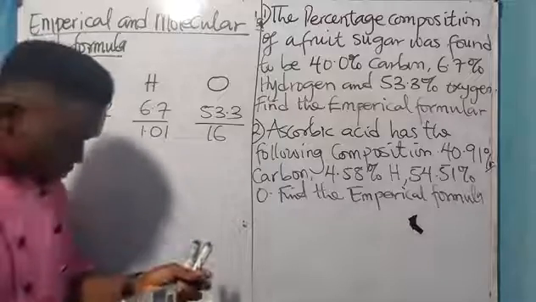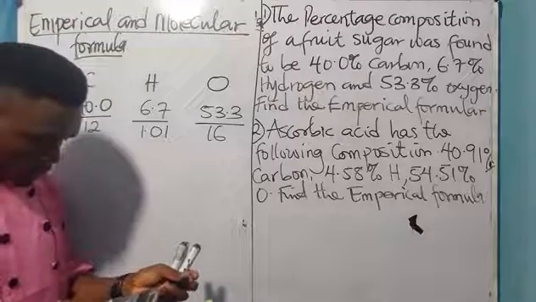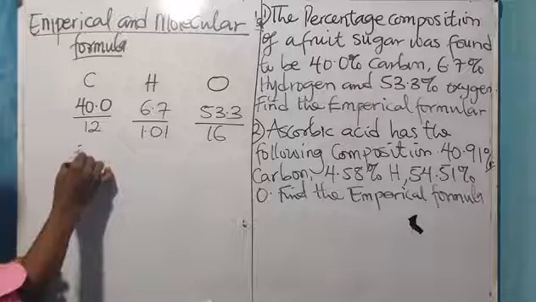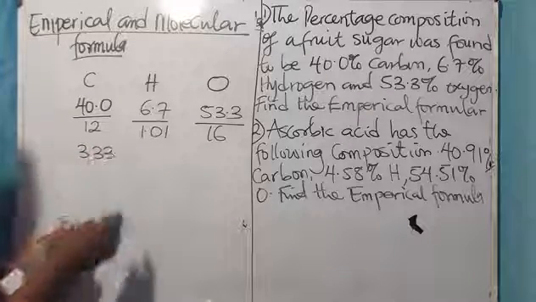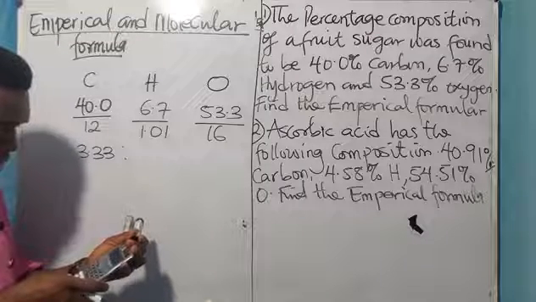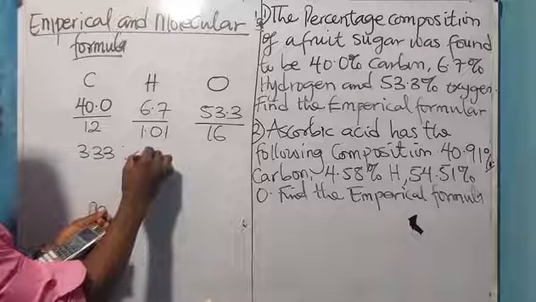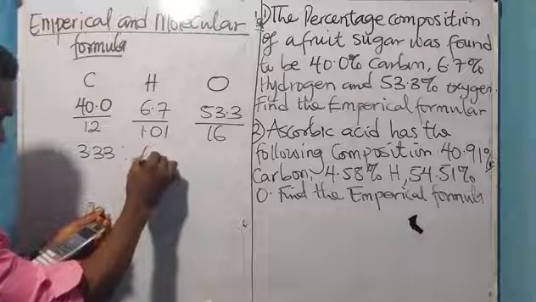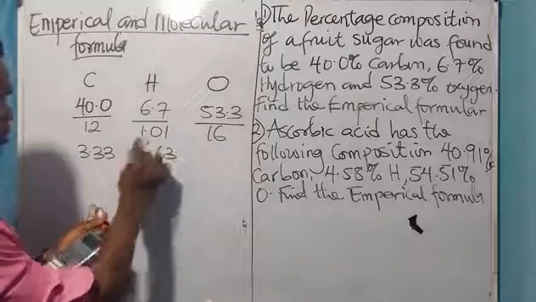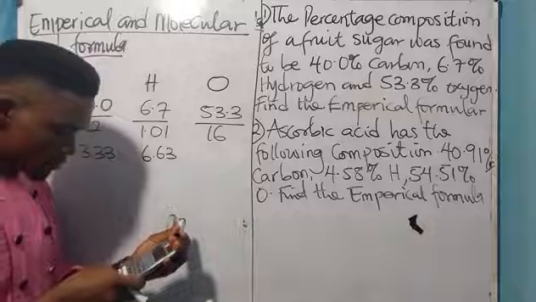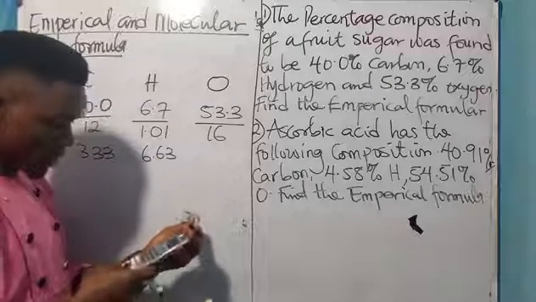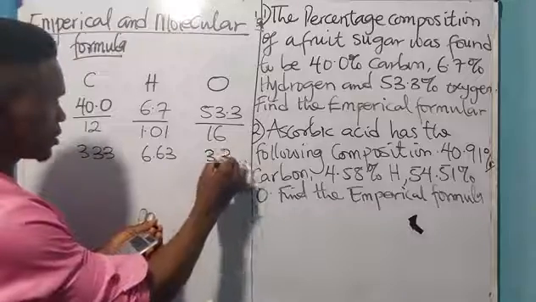Now I have 40 divided by 12 equals 3.33, then 6.7 divided by 1.01 equals 6.63, then 53.3 divided by 16, I have 3.33.